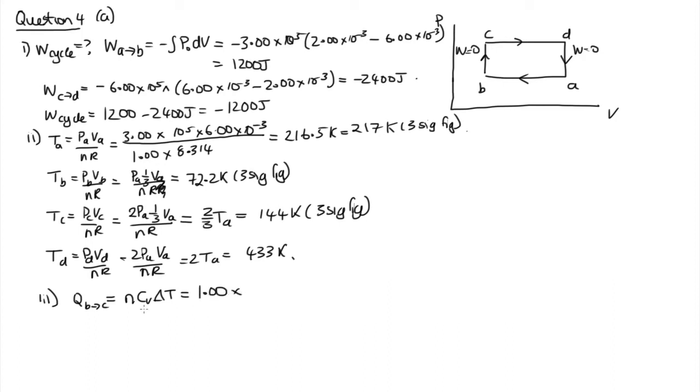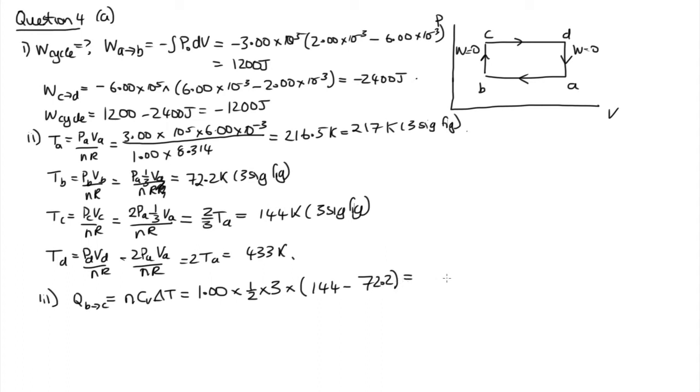Now CV is equal to a half F, so that's going to be a half, and then we're told it's a monatomic gas. So for monatomic gases, F is equal to 3, so it's a half times 3 times the final temperature, so TC, which is 144, minus the initial temperature, which is 72.2.